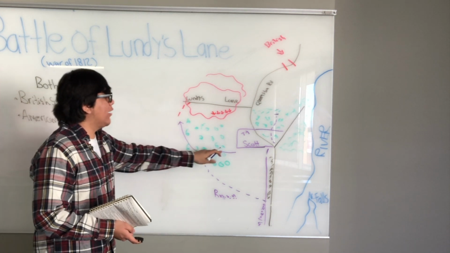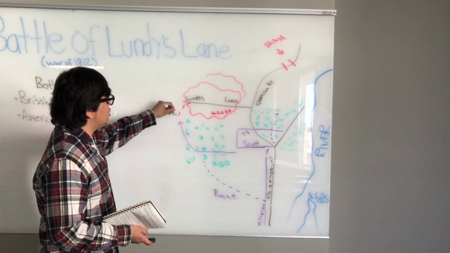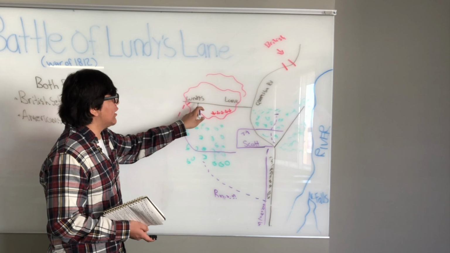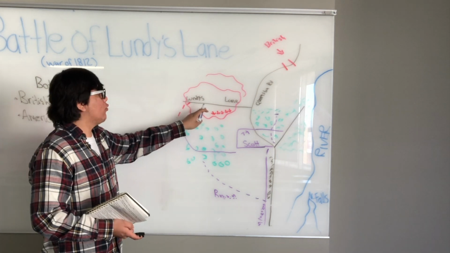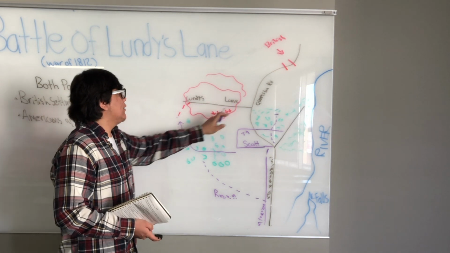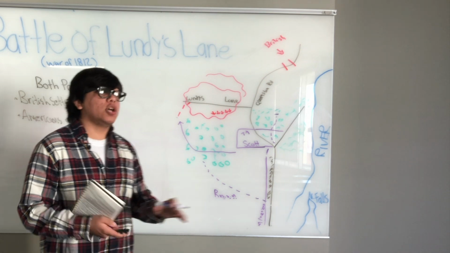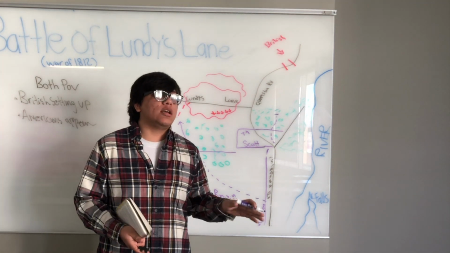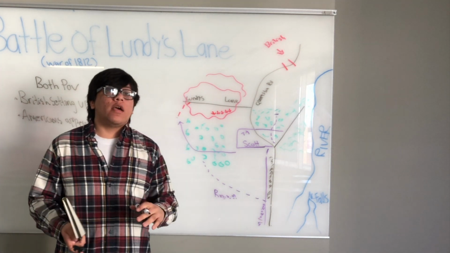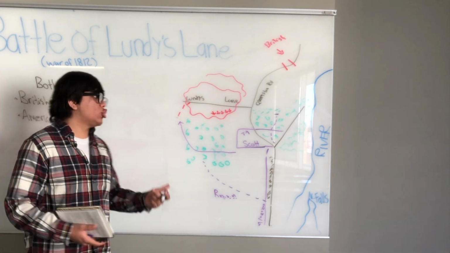However, he tried to counter that movement by hoping that if he destroyed all the British here, that they were able to get access to Lundy's Lane. Because there were more soldiers on this side of the lane than there was on this side. The whole entire purpose of the British being here was just to protect the flank. There weren't really a lot in there. It was just enough to try to hold them back if they were trying to do that. And long story short, they succeeded.